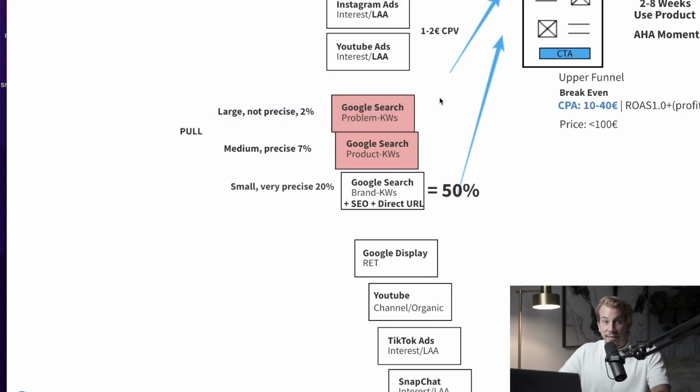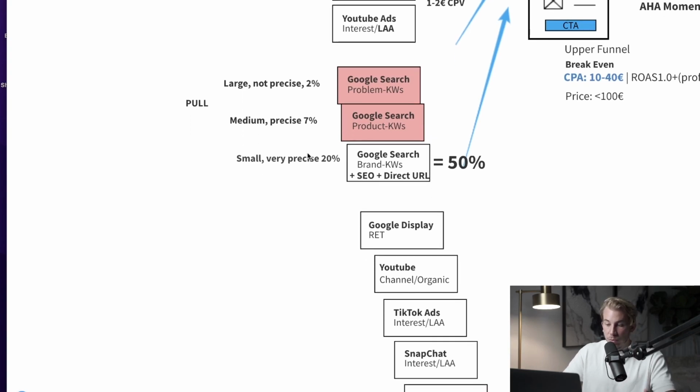Hopefully that makes sense. So your product keywords, where people look for products where your product is in that product category. This is the Google search part where it's a bigger audience and you can convert much more.